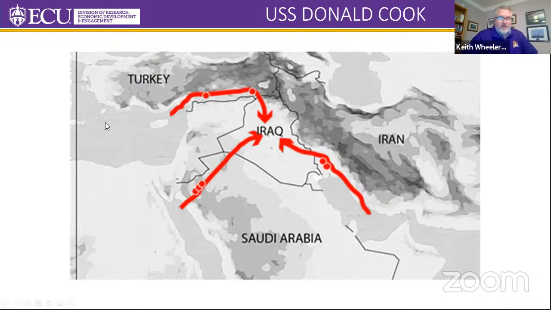But we were up here, this is the Mediterranean Sea here, down the Red Sea here, Persian Gulf, Arabian Gulf, depending on who you're talking to is what it would be called. We were supposed to spend our entire deployment up here in the Mediterranean, and all of our missions were planned to go through Turkey and come in from the north.